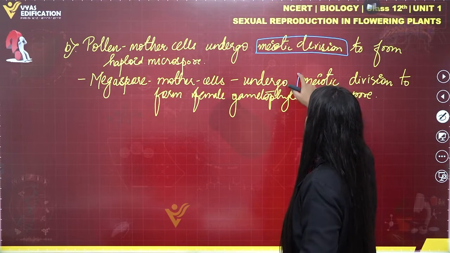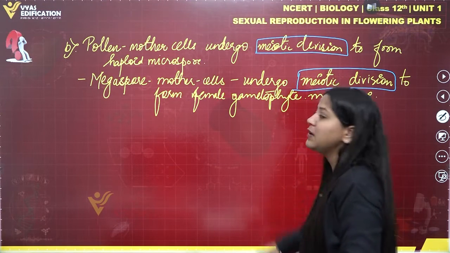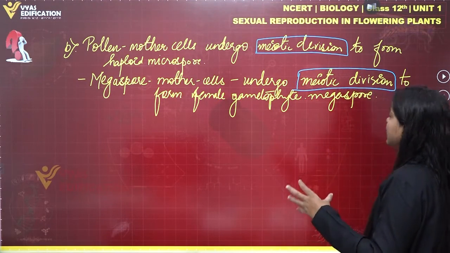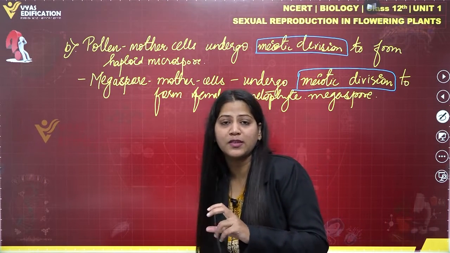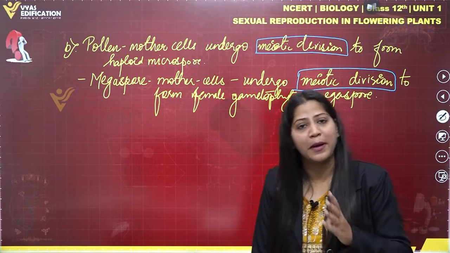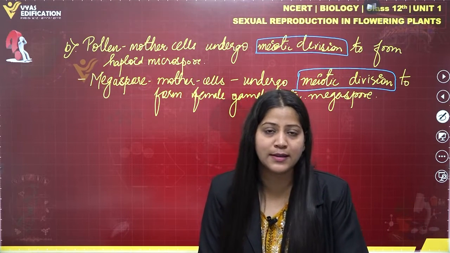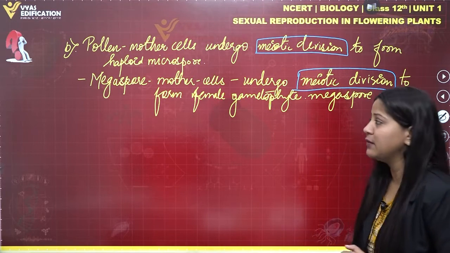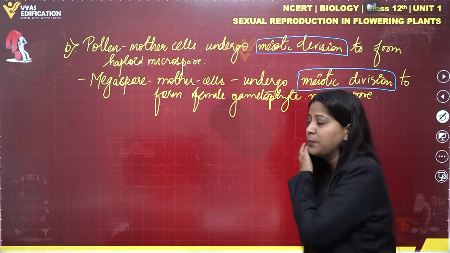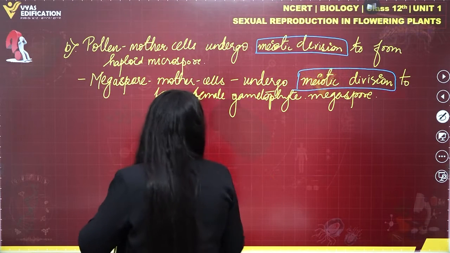Also in this we will see the meiotic division. Meiotic division takes place in megasporogenesis and microsporogenesis. Both in the events of microsporogenesis and megasporogenesis, the division type is reductional division or meiotic division. Now comes the last part of this question.